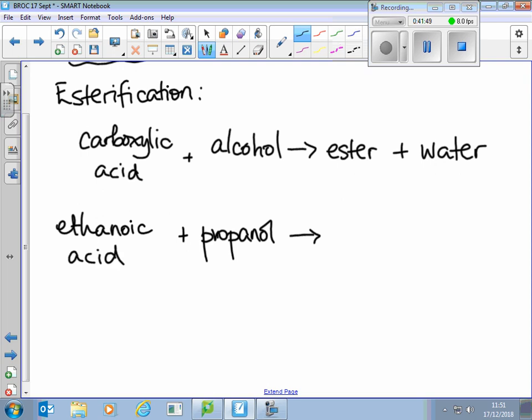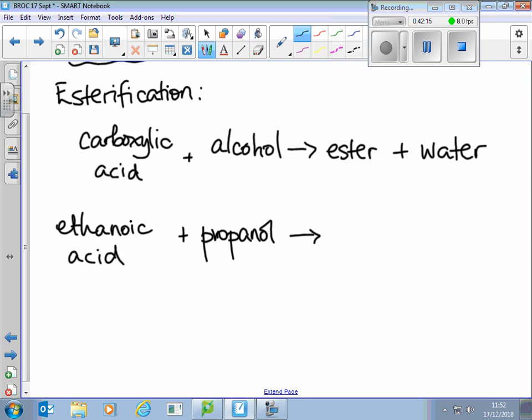So we've got ethanoic acid and propanol will give us, what shall we call this ester? Something ethanoate. So, we're getting close. Methanol would give you methyl, ethanol would give you ethyl.